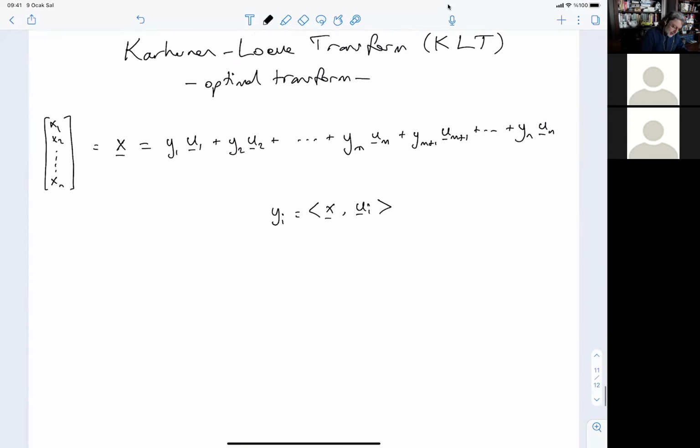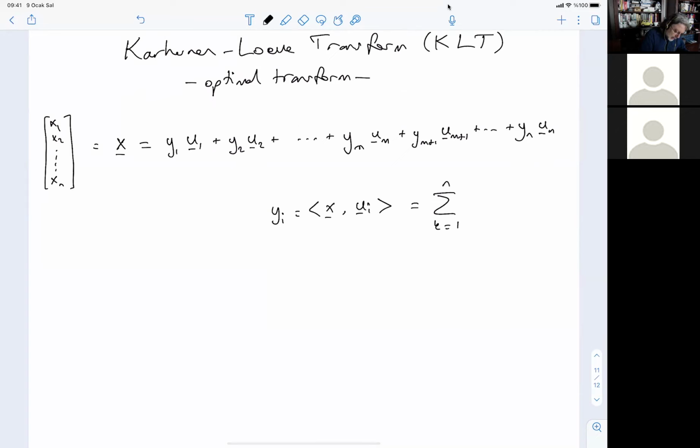And here we know that this kind of an inner product is defined to be summation, let's say, k from 1 to n, x sub k times ui's kth value. But sorry, it's not a vector, it's a value, conjugate.